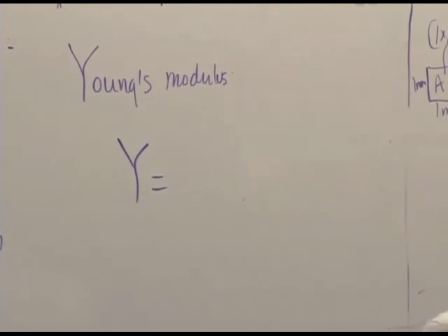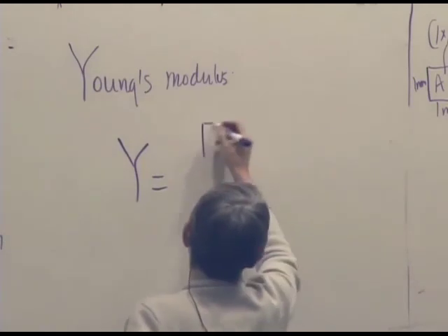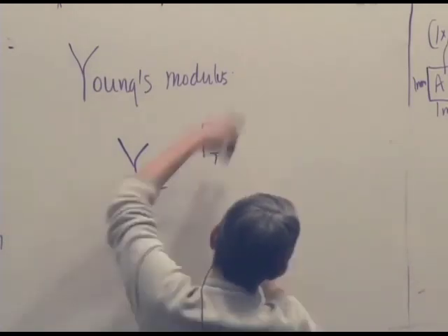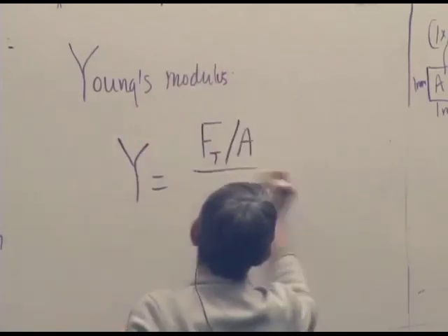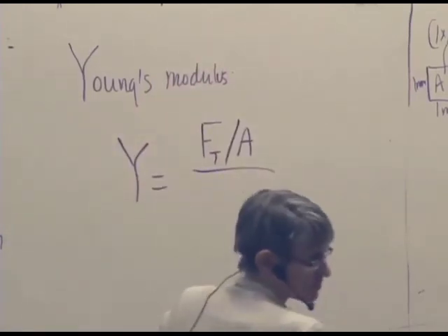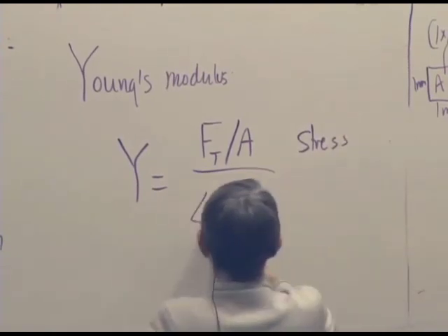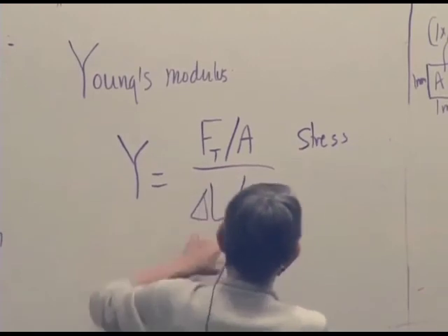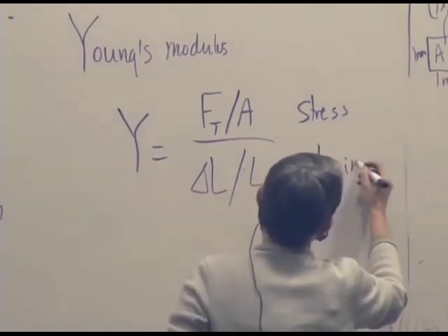And what that is, it's the ratio of the tension force in the wire to the cross-sectional area of the wire. This is called stress. And then this is the fractional stretch. So the amount the wire stretches over its length, that's called strain.